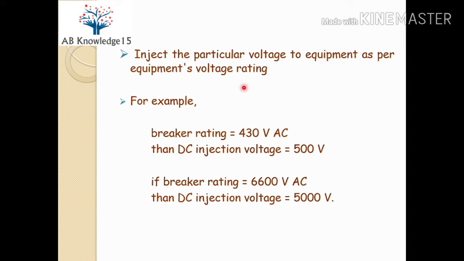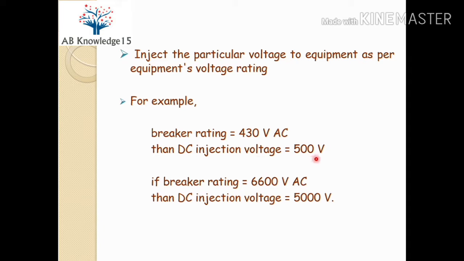For carrying out the test, we have to inject a particular voltage into the equipment as per the equipment's voltage rating. We will understand this with an example. Suppose the breaker rating is 430 volts, meaning it is an LT breaker. For this LT breaker, the DC injection voltage for the insulation resistance test will be 500 volts.